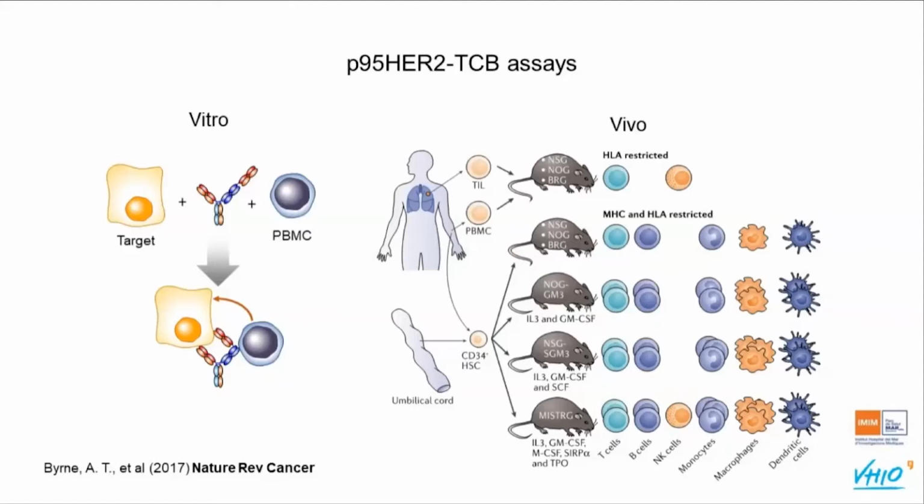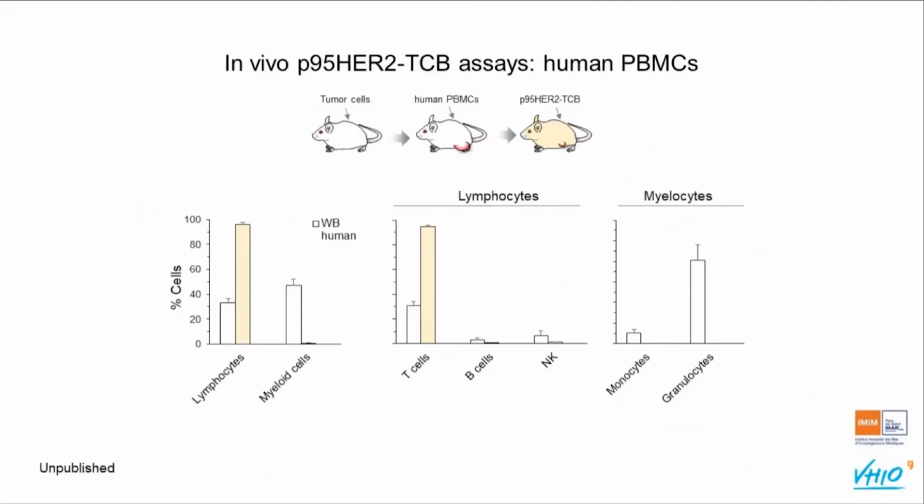We started with the simplest model to analyze the activity of these bispecific antibodies. This is just, as I have mentioned, to inject human PBMCs into immunodeficient mice in which we have implanted cells expressing our tumor-specific antigen, in this case P95.